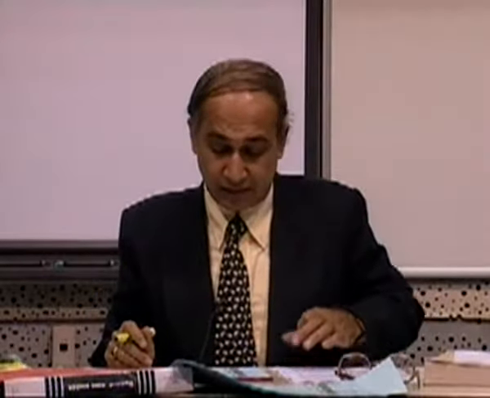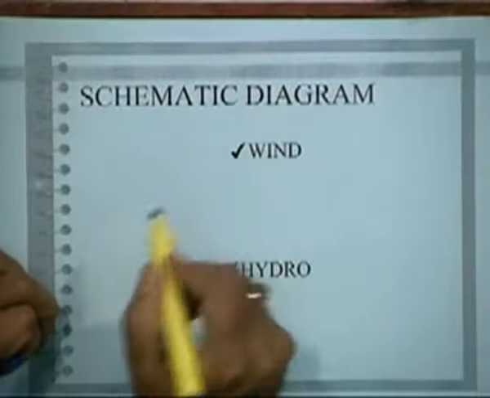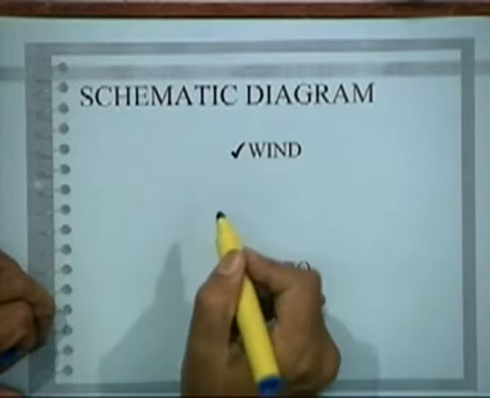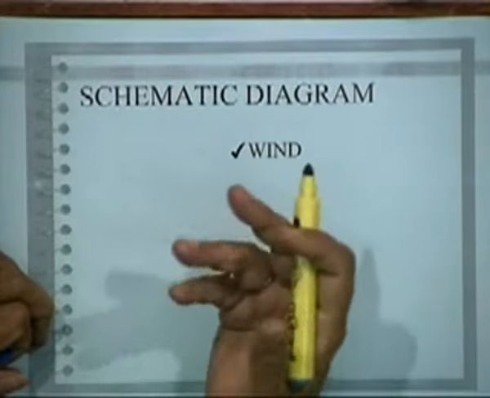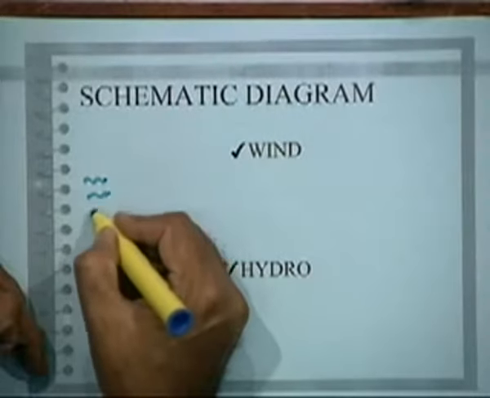Now the schematic diagram we can draw is as follows. In a wind system, mostly it is all horizontal axis wind turbines. Very few vertical axis ones are there. So you have the wind.